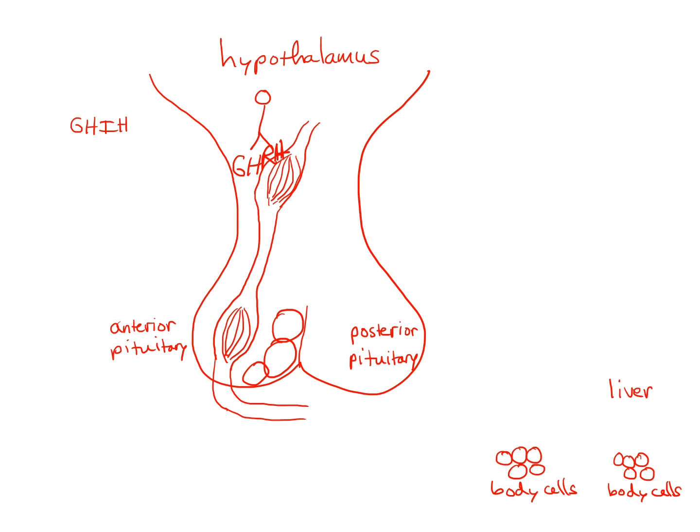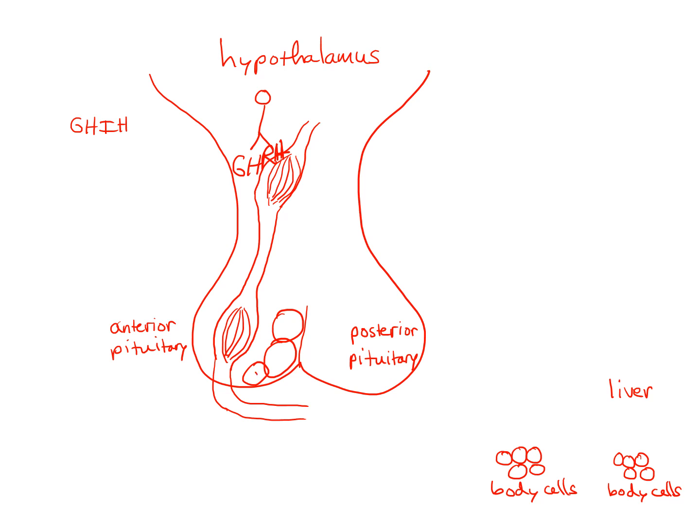But we're going to go ahead and release growth hormone, so we're going to have the hypothalamus release GHRH into the portal system. So GHRH gets taken by the portal system to the anterior pituitary, and then GHRH will be delivered to the endocrine cells in the anterior pituitary, and will tell those cells to secrete growth hormone.